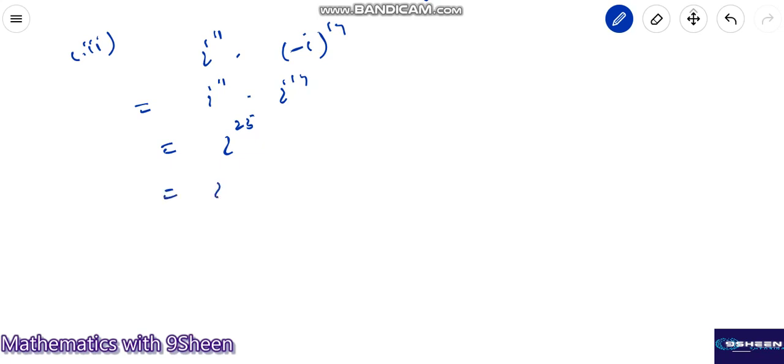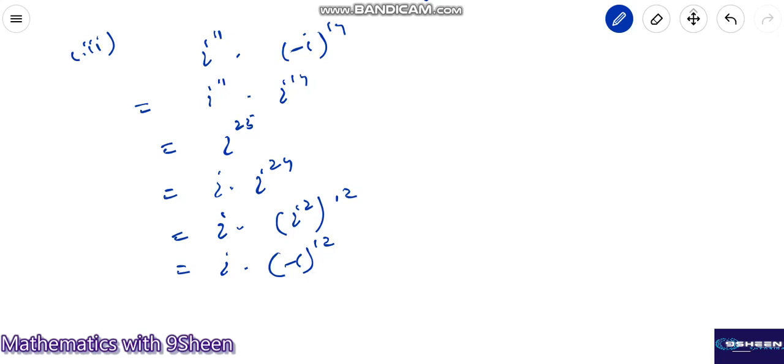We can write in this form iota into iota 24. Iota as it is, iota 24 means iota square power 12, and we know that iota square is equal to minus 1, that is 12. 12 is also even, that's why you have only 1, and iota multiplied by 1 is equal to iota.